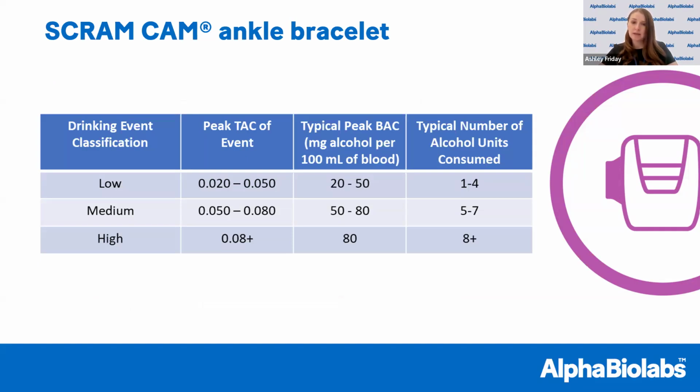And then what that would be if it was a breath concentration, and typically how many units of alcohol would need to be consumed to make that drinking event trigger. So for a high level drinking event, it would be a minimum of 8 units of alcohol to hit that peak TAC reading. So really interesting, really useful in certain situations, again, just depending on what your client's looking to prove.